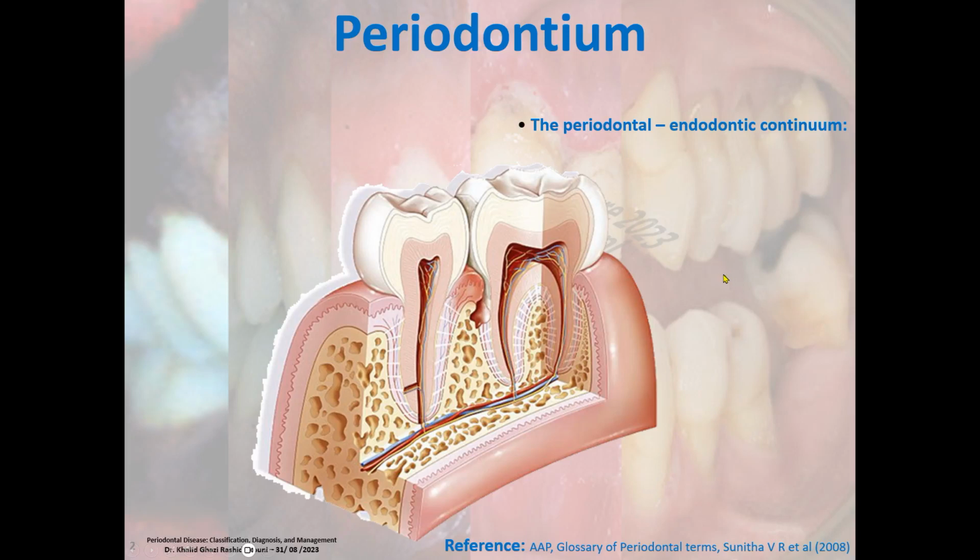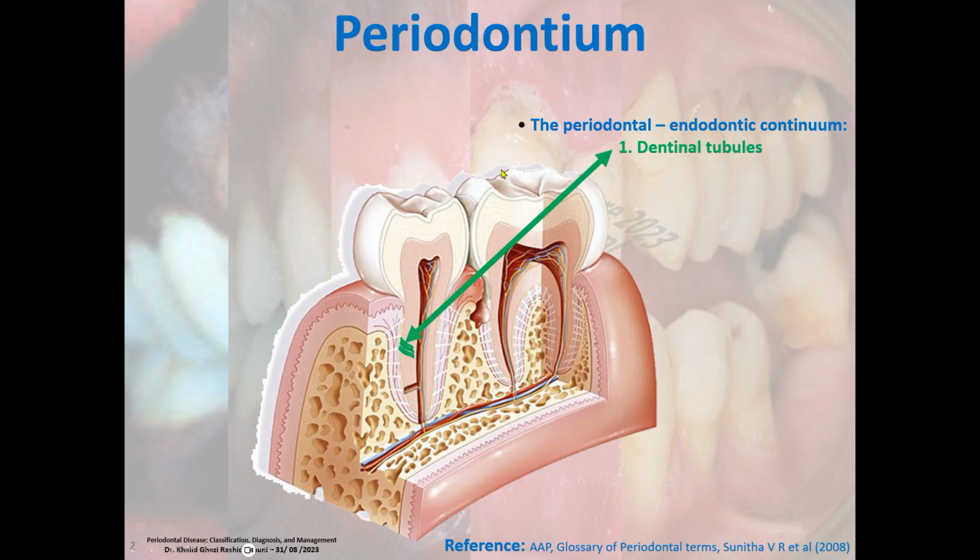There is also communication between these tissues, and infections can spread between them. We should also keep in mind the communications between these tissues and the pulp and periapical tissue, leading to the term periodontal-endodontic continuum.